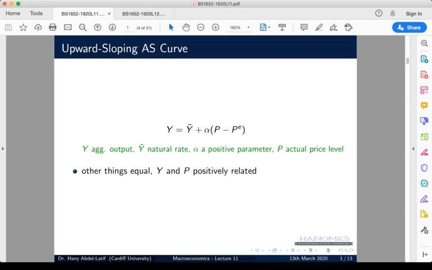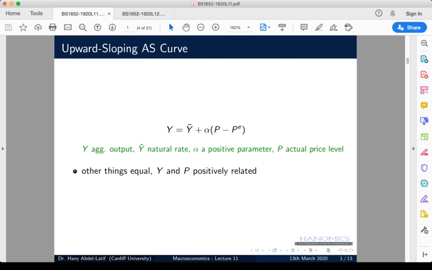Then we said it might be a very strong assumption that all prices are fixed, so we allowed prices to become sticky: not fixed as we assumed in the very short run, nor perfectly flexible as we expect in the long run. They adjust, but they need some time.